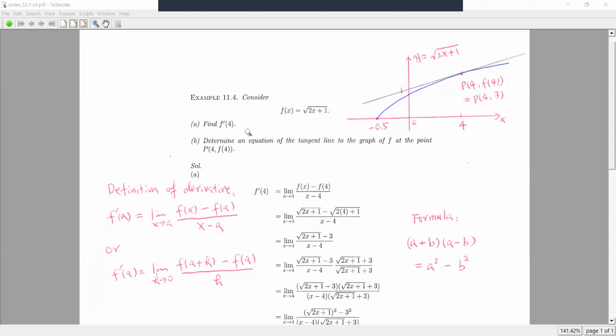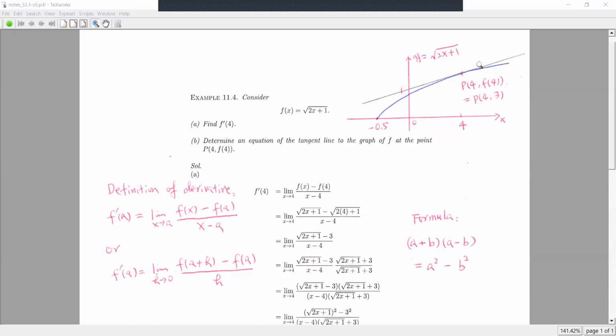By fact number 1, the derivative at 4 is the slope of the tangent line at the point P. The point P, x coordinate is 4. So about this tangent line, we know the slope is 1/3. And also we know one point, the point P on the tangent line.